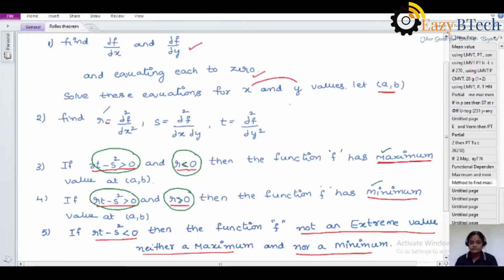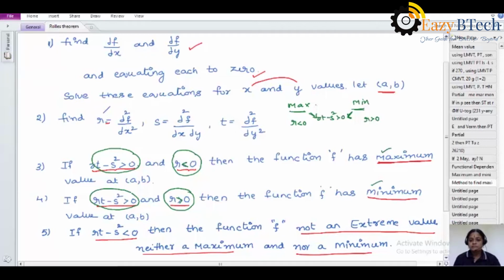So when we are writing the maximum and minimum conditions, for both conditions the similar value is rt minus s square greater than 0, and only the r value will change here. So when r greater than 0, the function is minimum value, and when r less than 0, the function is maximum value.